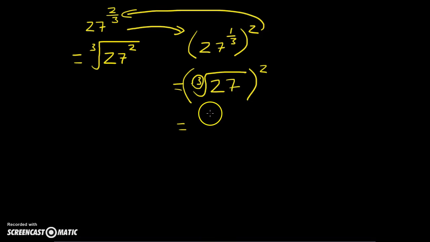Is it 3? It is 3, because 3 multiplied by 3 multiplied by 3 gives us 27. And in this particular calculation, don't forget the squared. So 3 squared, 9. So 27 to the power of 2/3 is 9. Goodbye, and thanks for watching.